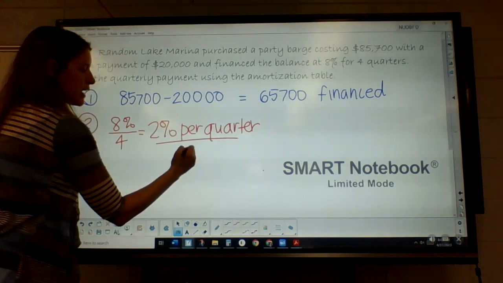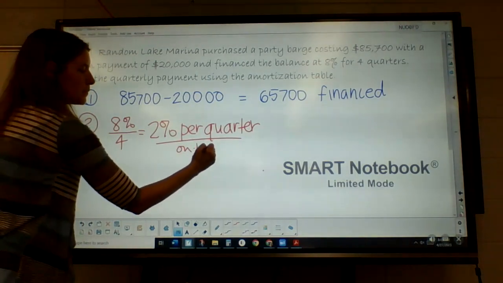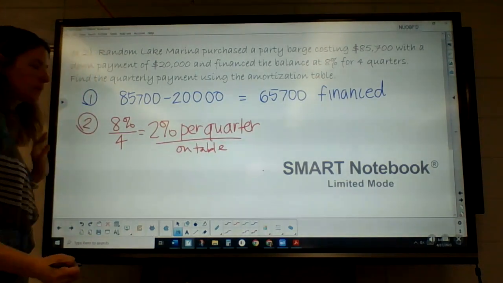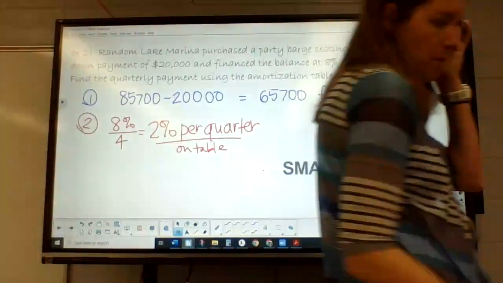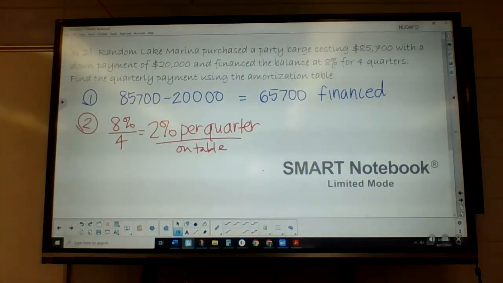So this is for our table. But we have to figure out how many payments they're going to make. And I would say, so 4 quarters, they're just making 4 payments, right? Yeah.